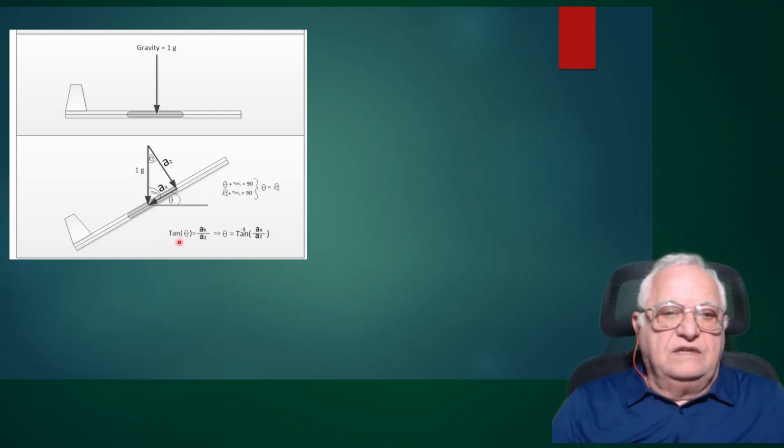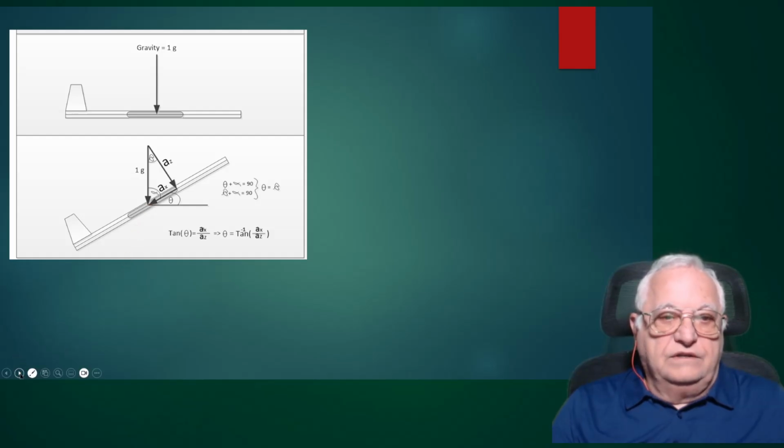Now I also know that the tangent of this angle is equal to A sub X divided by A sub Z. Those are the numbers that we get from the accelerometer. So then we can figure out the angle by taking the arc tangent, the inverse of the tangent, of AX divided by AZ. So now we have a way of figuring out the angle just by getting the acceleration on the Z and X coordinates.